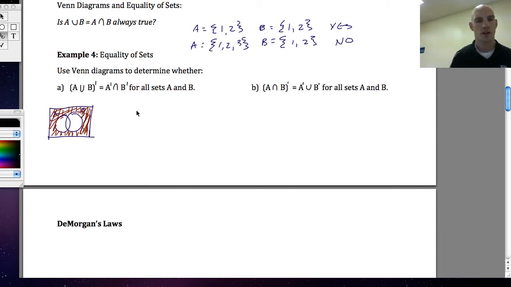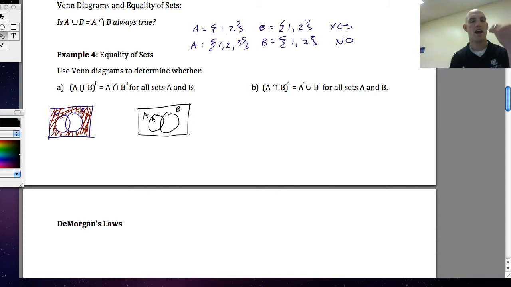Well, what does this other one look like? I'm going to draw A and B. And if I say not in A, everything not in A is this part here in red, right?